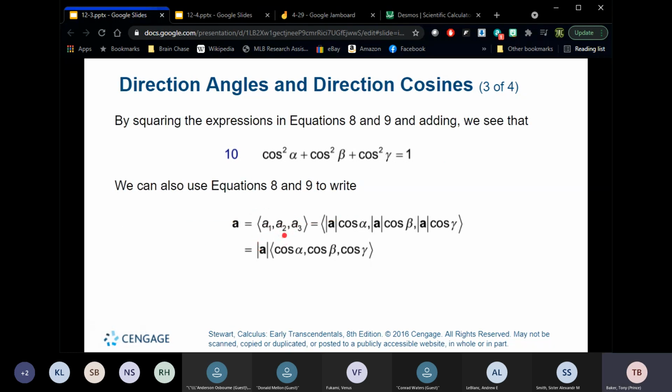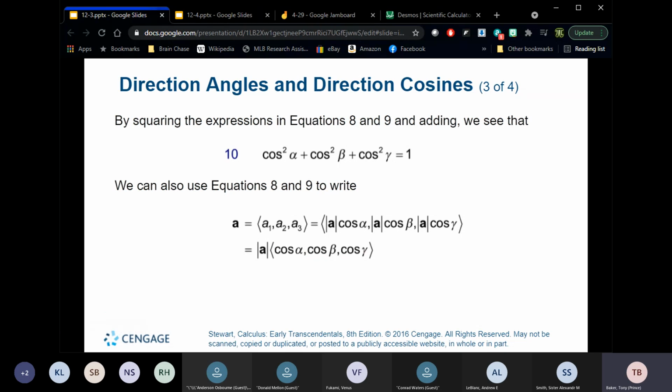We can also use it as another way to write my vector. You can write it as the length, and then inside the vector, you can actually write the angles in there. So the length times each of those will give you back your vector value. So you could write it as the endpoint, or you could write it using the directional angles for each of those.